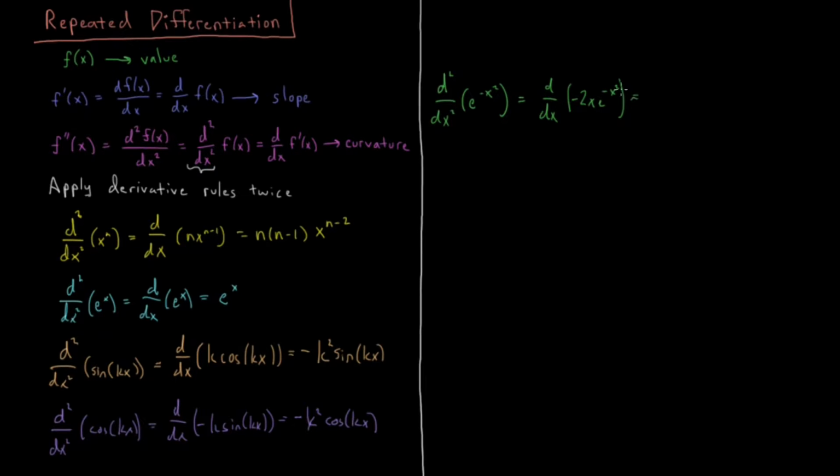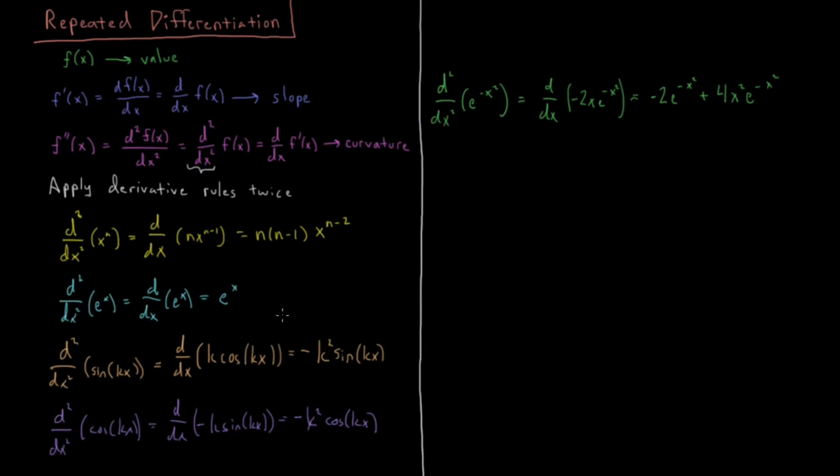And then by the chain rule and the product rule, this is going to give us two terms. The first, we take the derivative of minus 2x, we get minus 2 e to the minus x squared. And then the derivative of e to the minus x squared times minus 2x is going to give us, plus 4x squared e to the minus x squared.